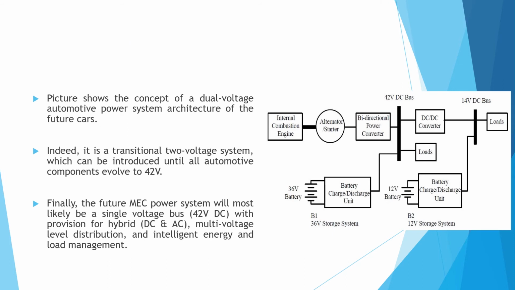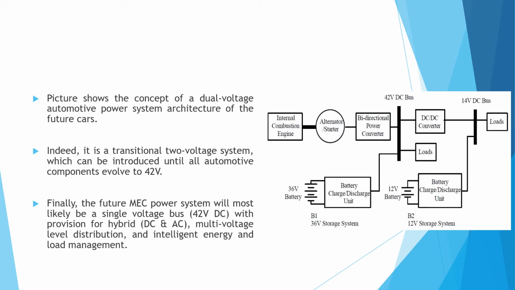Here the picture shows the concept of the dual voltage automotive power system architecture of the future car. Indeed, it is a transitional two voltage system which can be introduced until all automotive components evolve to 42 volts.